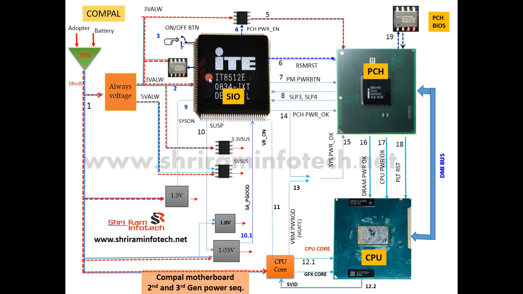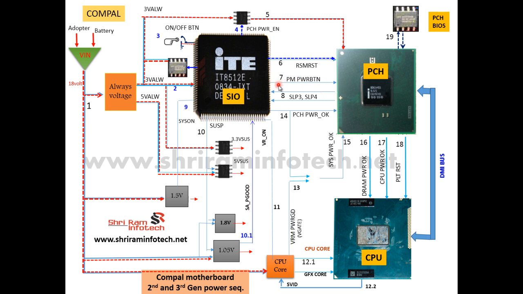Okay, once the SIO generates RSM RST to the PCH to get it reset, its power plane is ready to work, power management ready to work, and within the next microsecond the SIO generates another signal called the PM power button, or the DNB power button.